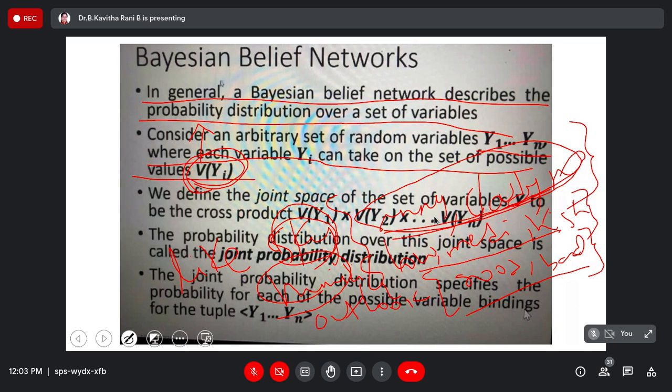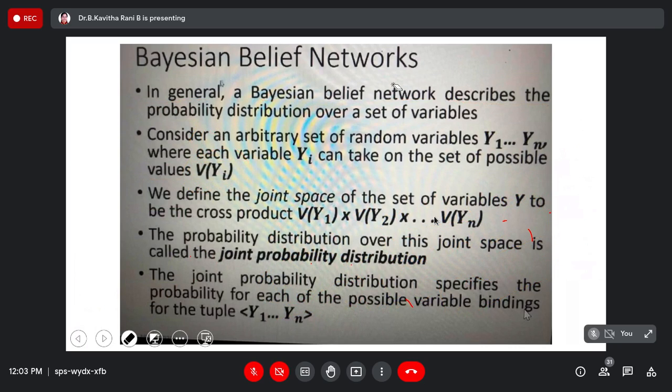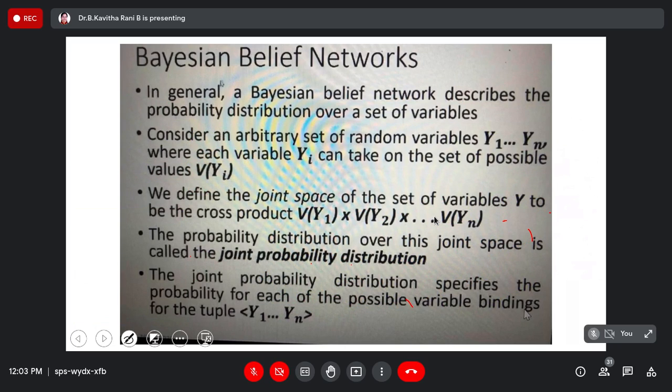Okay, we define the joint space of the set of variables Y to be the cross product of this.